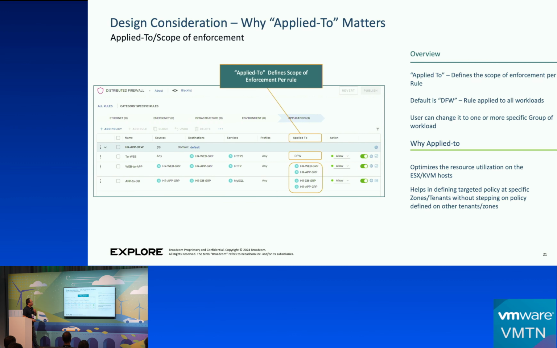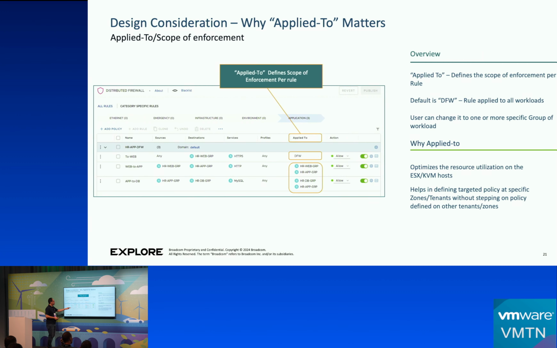The design consideration, I thought this is very important. Why Applied To matters. Unfortunately, I'm still seeing a lot of Applied To set to DFW. When you set Applied To to DFW, it means it applies to all the workloads, which is not a good practice, because it will consume resources on the hypervisor. So in most scenarios, you want to be very specific.